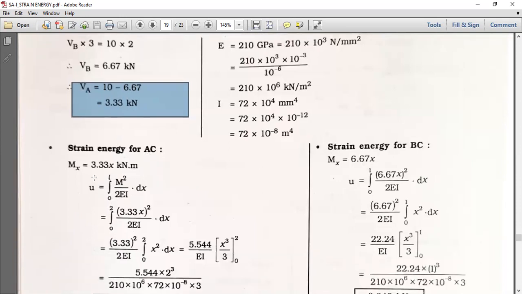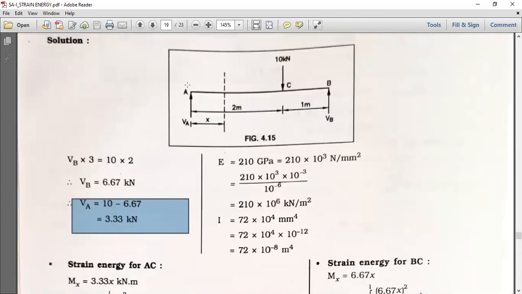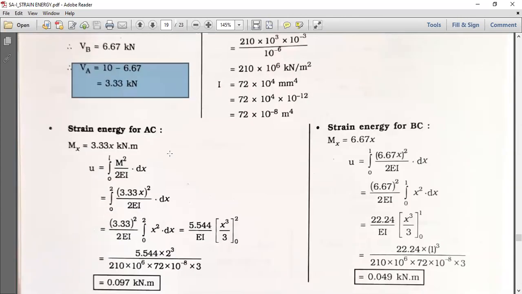M is 3.33 into x, divided by 2EI. Take out the constant values that are not used in the limit. Now put the limit 0 to 2, because the length of this portion of the beam is 0 to 2. Now 0 to 2 of x square dx.